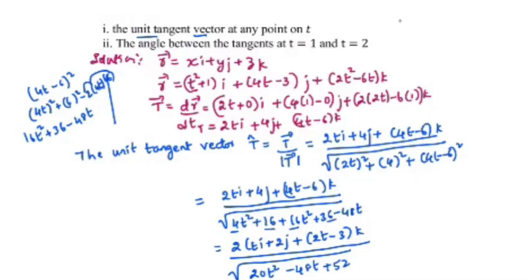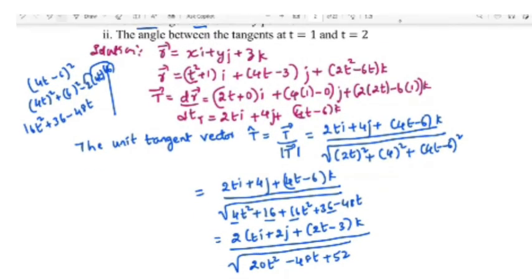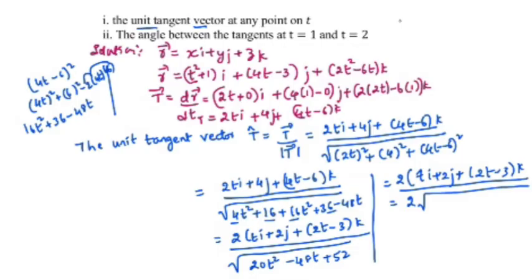We can further write this as 2 into (t i plus 2j plus (2t minus 3)k) divided by, taking 4 as common, which comes out of the root as 2, root of 4 5s are 20, 5t square minus 4 3s are 12, 12t plus 4 13s are 52, that is 13. So 2 and 2 will get cancelled.